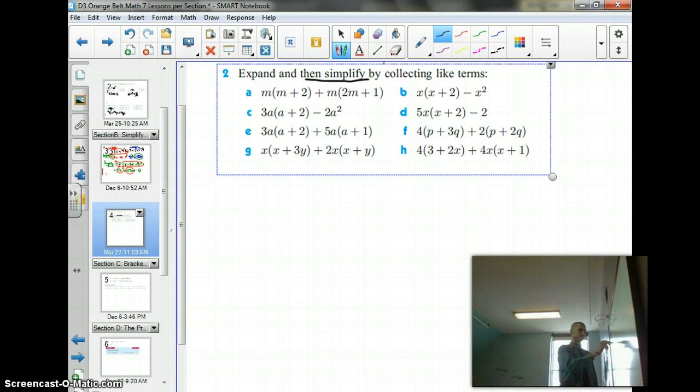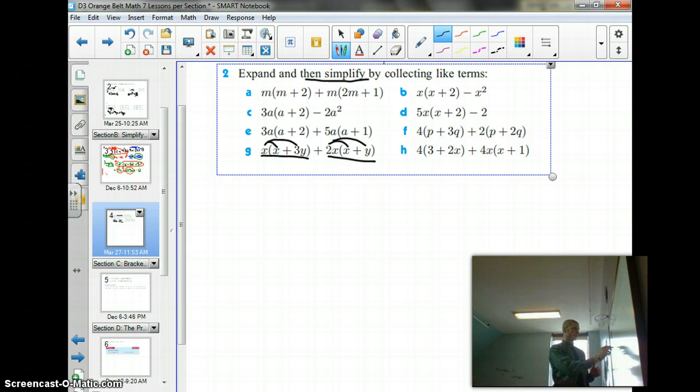Okay? Expand. This is all we're doing, right? We're doing the distributive law. We're taking that coefficient, which here the coefficient is x, here the coefficient is 2x, and we're distributing by multiplying by each term inside the brackets. Okay?